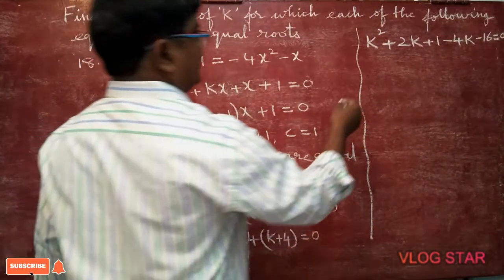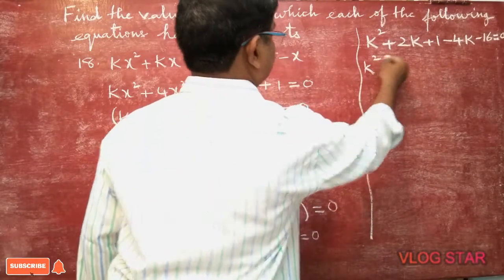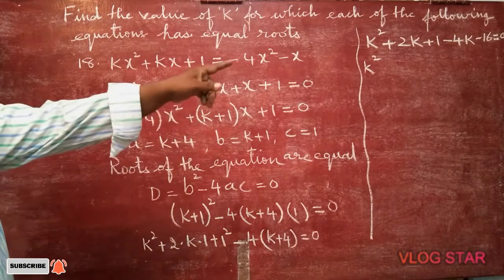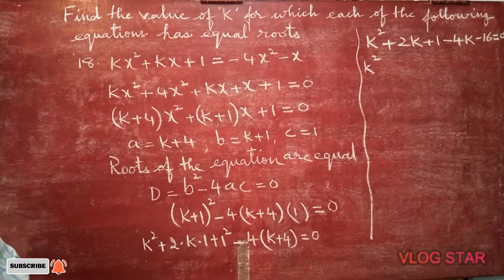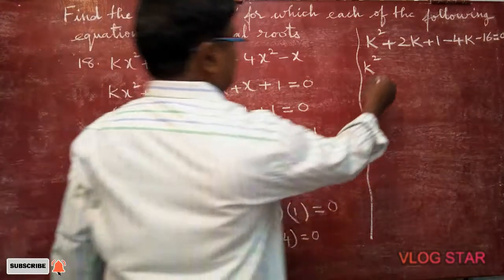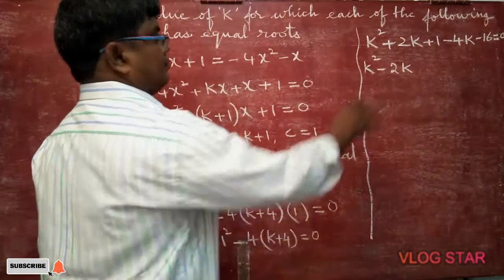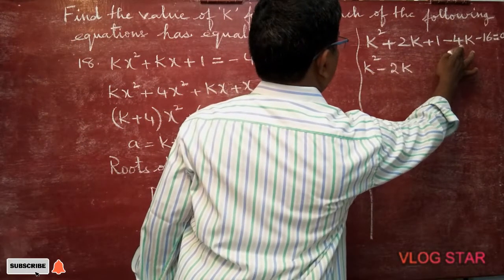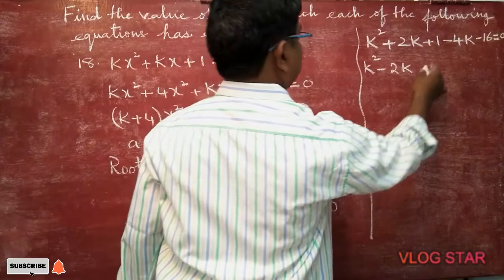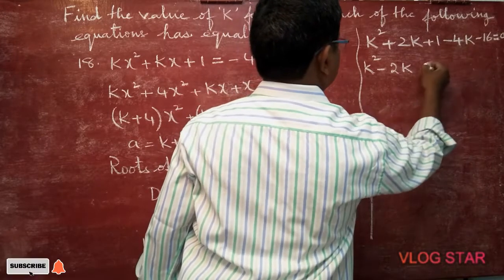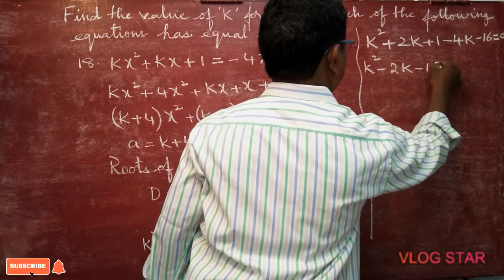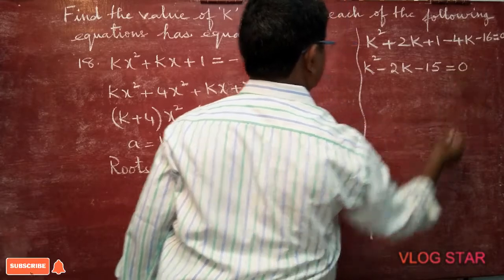Now k square as it is, plus 2k minus 4k, those two are like terms. Opposite signs, so we subtract: minus 2k, plus 1 minus 16 is minus 15, is equal to 0.